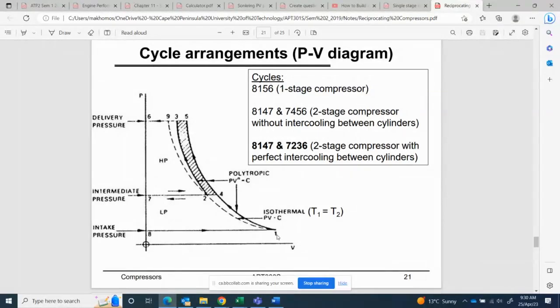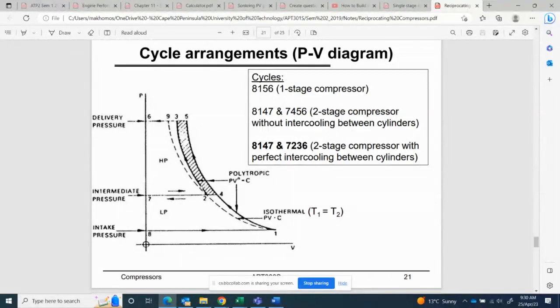Therefore, we have polytropic from 1 to 4, and then between 2 and 4 is what we call intercooling. You bring water here to reduce the specific volume. You can see that from 1 to 4, the volume V4 is bigger than V2. So to make it smaller, you bring water. So this is the intercooler between 2 and 4.